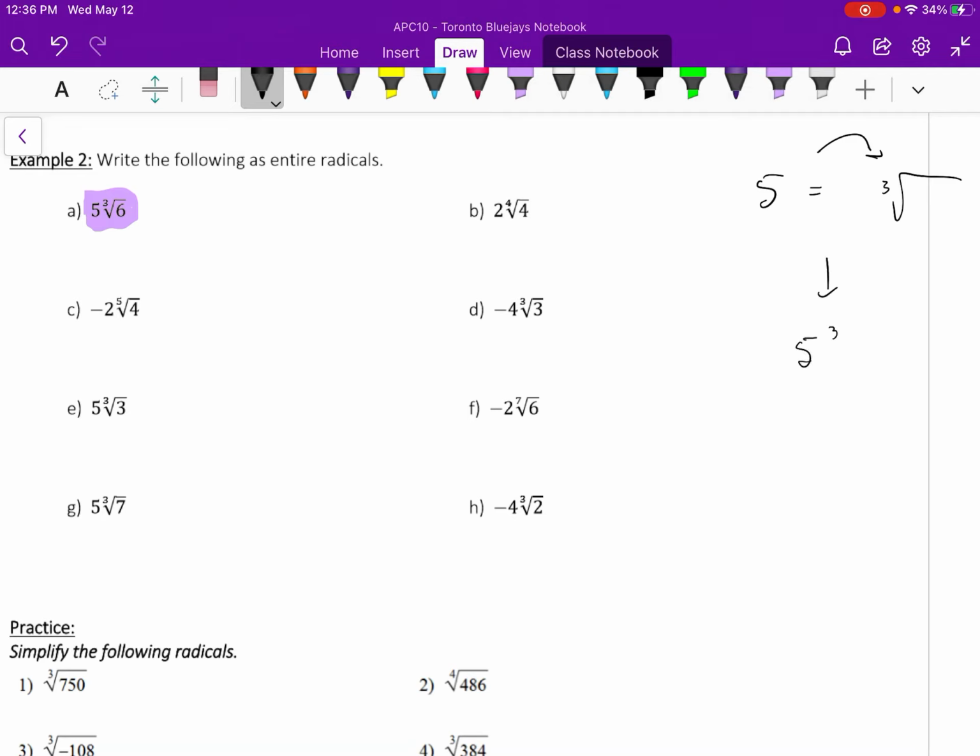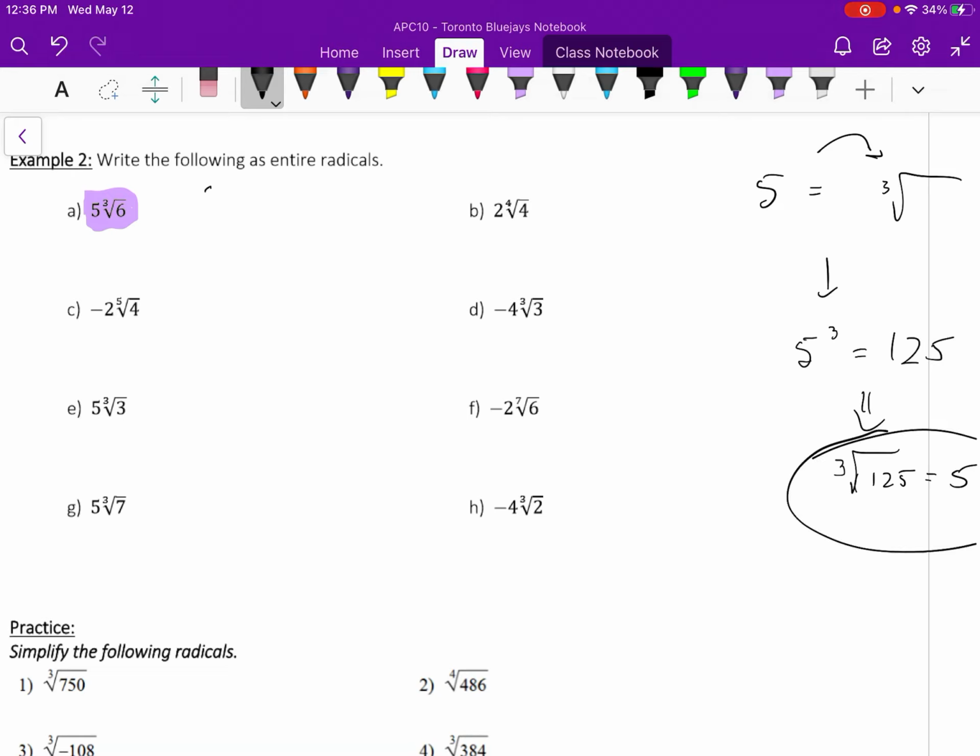To do that, 5 to the power 3 is 125. So this naturally implies that the cube root of 125 is equal to 5.